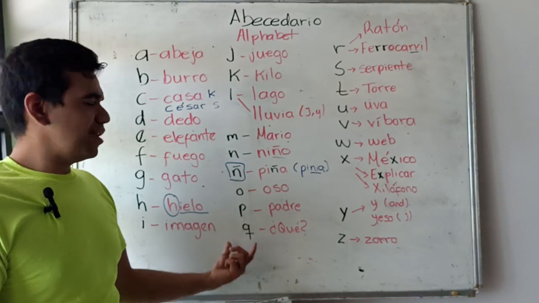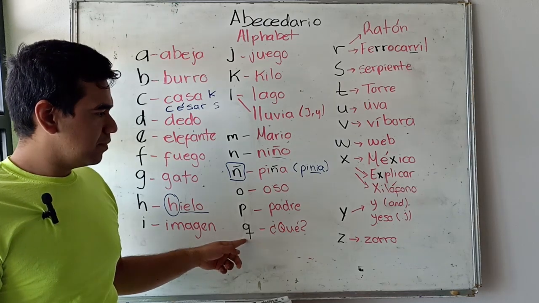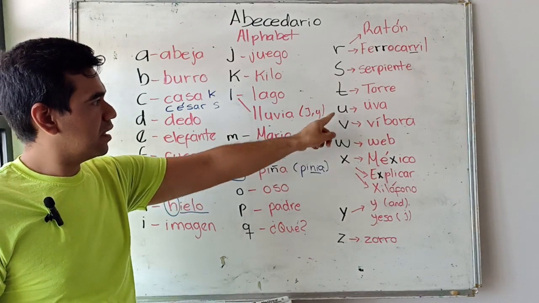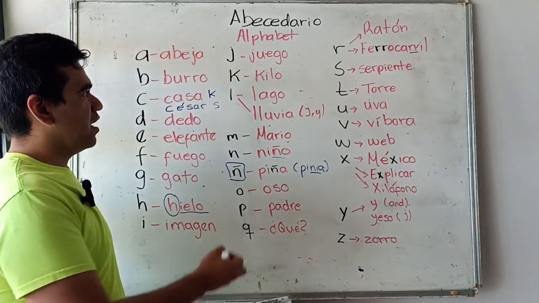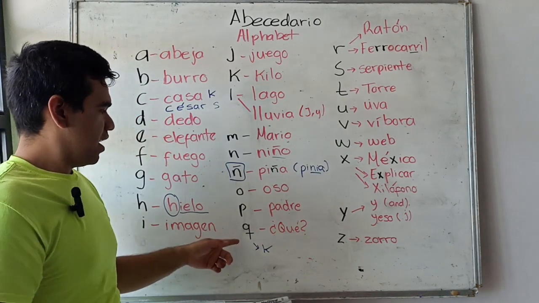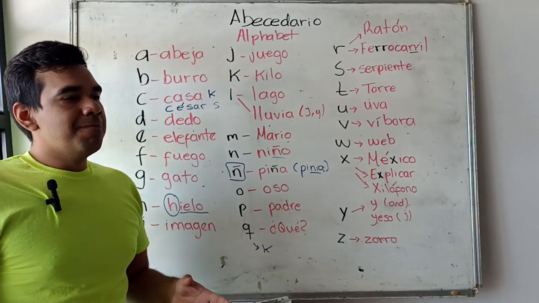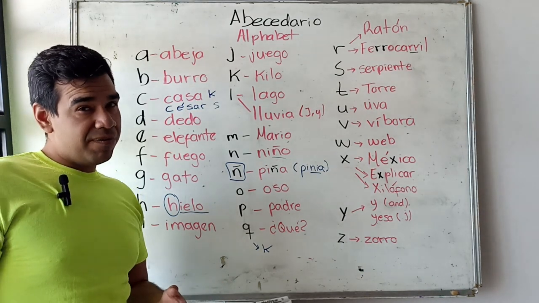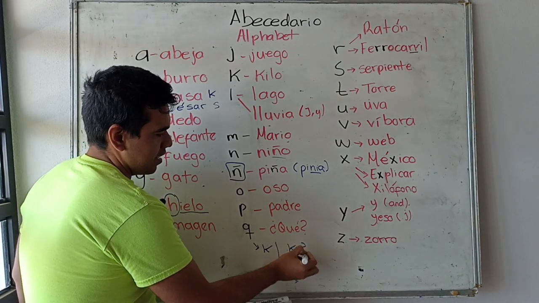You see here, it changes. Q sounds like a K and a U, and the letter U. But when you use it, it changes and it sounds like a K, more or less. That's why que. And actually, a lot of people who don't have good orthography write like this.